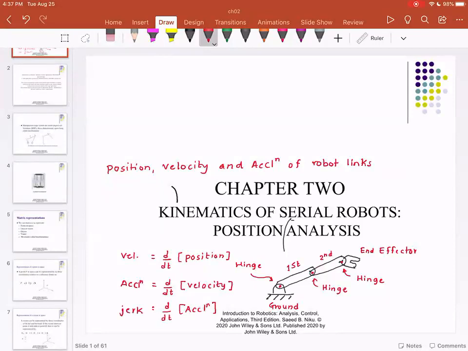So you have velocity, acceleration, and jerk. Now, this chapter talks about vectors, projections of vectors, transformations. So what I'm going to do is start from the very beginning, with the definition of vector.